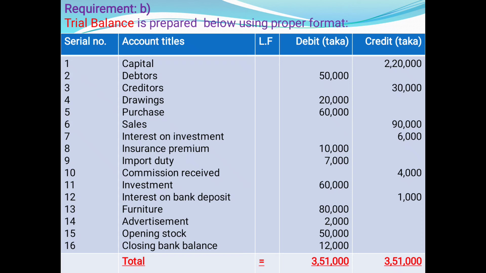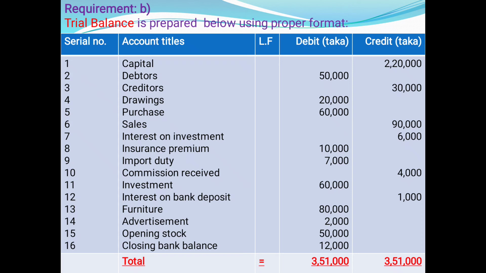Drawings, it is contra equity or negative equity. At all times drawings account is debited. So in this trial balance 20,000 taka is debited for drawings. Purchase, the expenditure. So purchase account is debited in trial balance for 60,000. Sales, this is the revenue income.